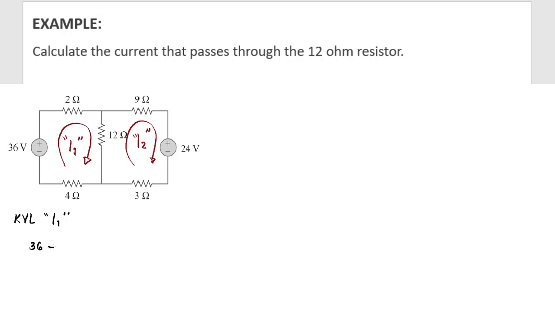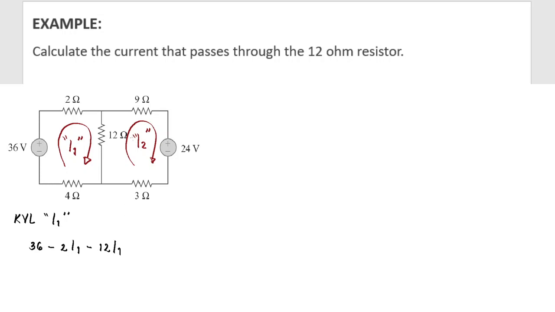That would be negative 2I1. For the 12 ohm resistor, there are how many loop currents? The loop current I1 passes through this, as well as the loop current I2. So for I1, since our point of reference is I1, that would be negative because they are the same. So that would be negative 12 I1.